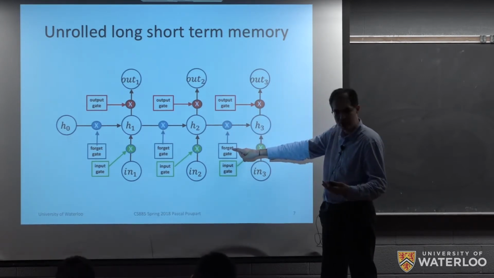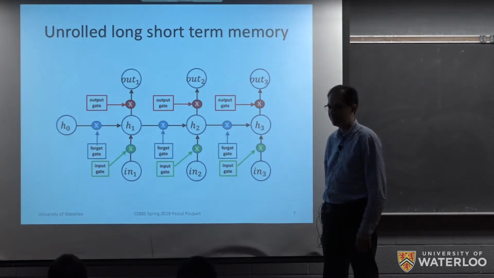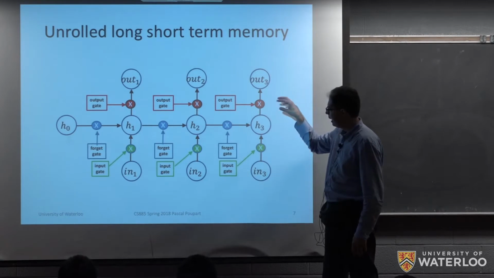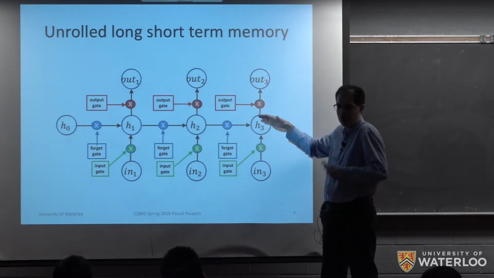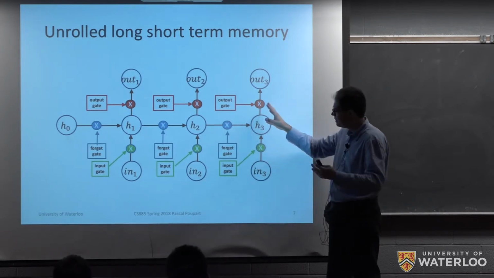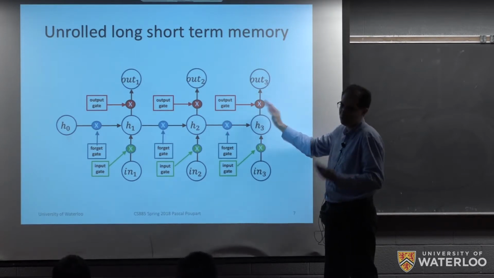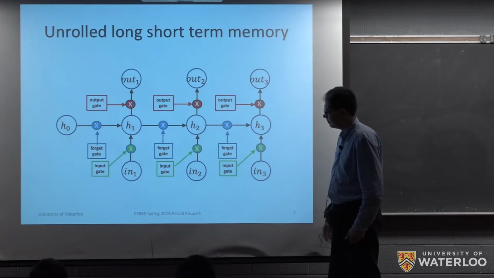If the gate here is equal to 1, then we remember the information and it's passed along. And same thing for the output. We're going to have a gate, and the gate will determine what goes out. Here it's a little bit weird, but still the gate will essentially either nullify the information or allow it to be outputted. Okay, same concept.